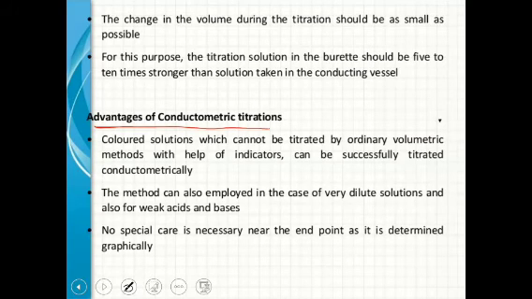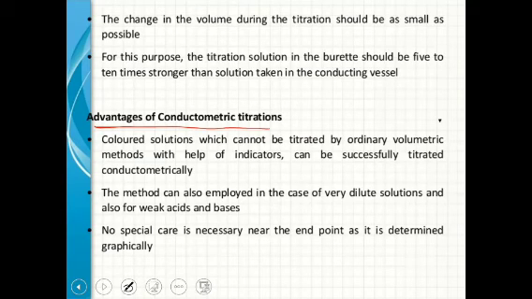If you use ordinary volumetric methods for determining the endpoint of a colored solution, it is not possible to find out exactly the endpoint. To overcome this, we can easily find out the endpoint of this type of titration by using conductometric titrations.